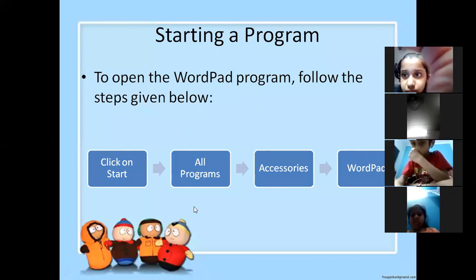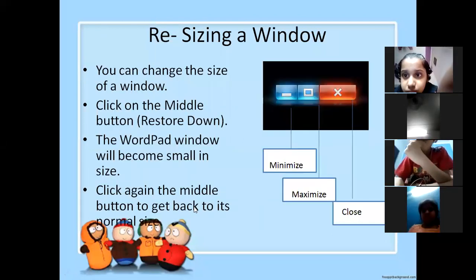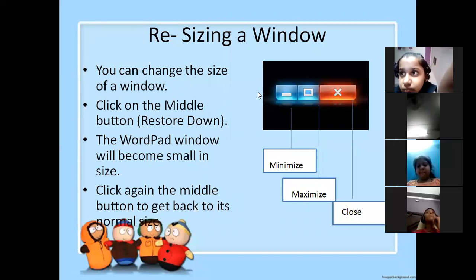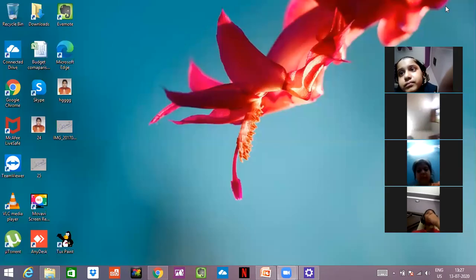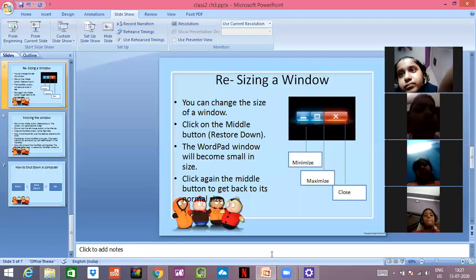Okay. Then resizing a window. Let me show you. You are able to see this screen. This is resizing a window, on which the blue text is there. It is minimized. When I click it, see, this is gone. And when I click back on this, it will come back.